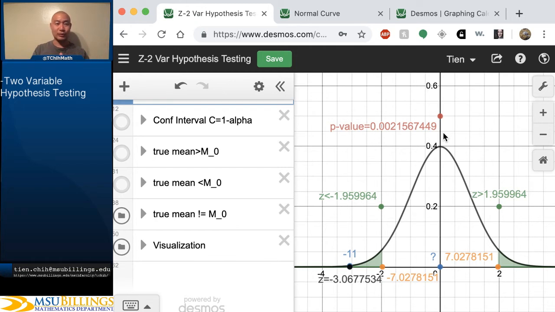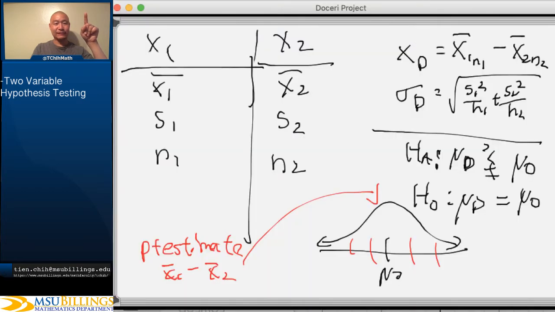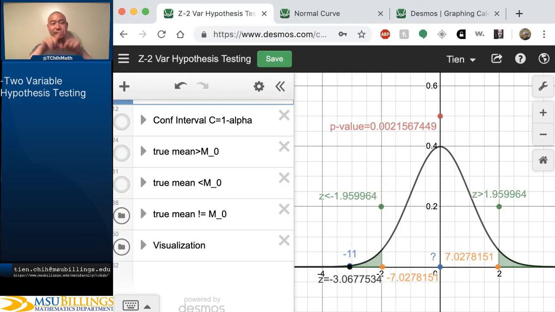To recap, we have two random variables. Sampling the two random variables gives you two different sampling variables. Taking the difference between the two sampling variables gives you a difference variable, which is also normal.